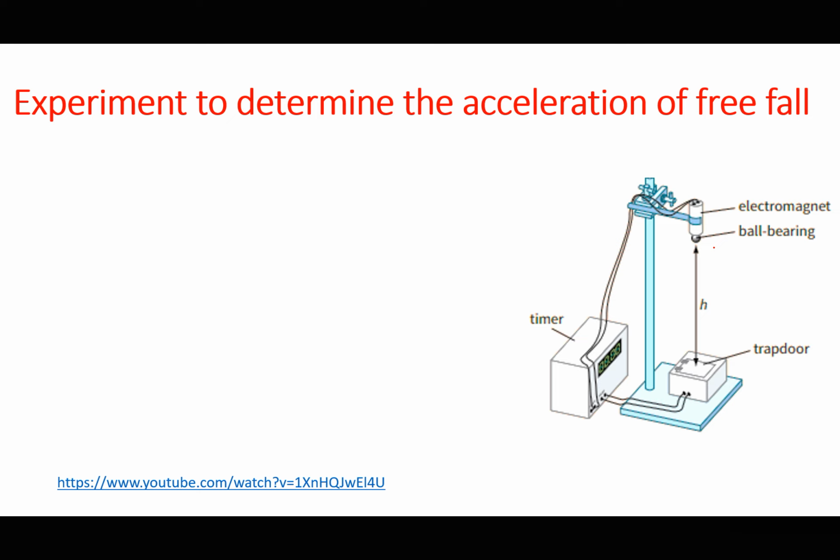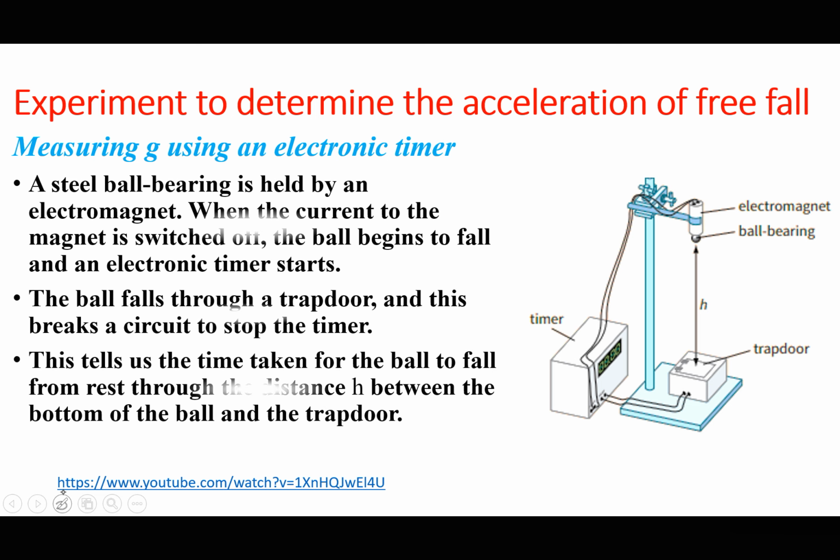Then we can adjust the value of h because we are interested in plotting a graph so that we get better results from the graph. So that is using an electronic timer. So a steel ball is held by an electromagnet. Why an electromagnet? It is really very hard for you to release an object without adding an extra force.